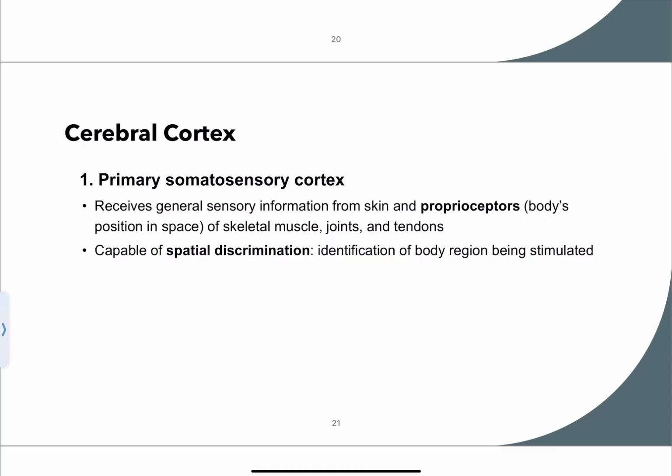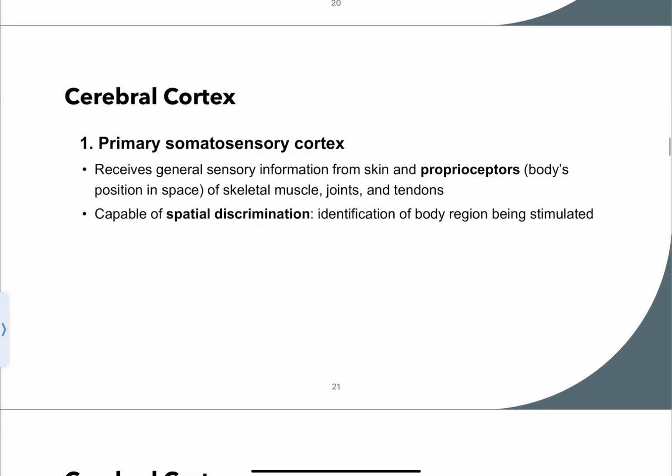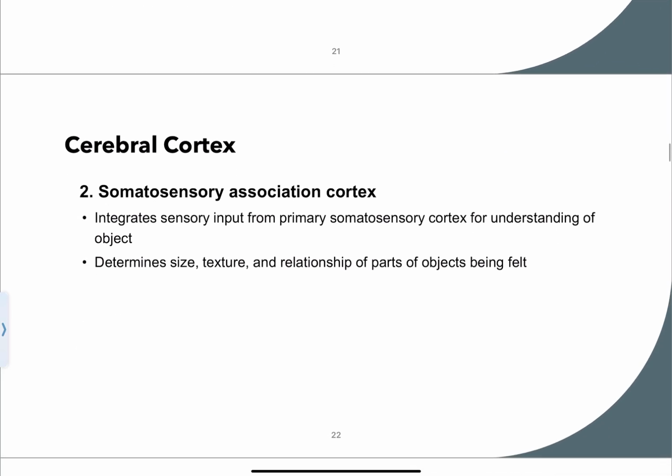So it's getting information from 2 different sensors: skin receptors and proprioceptors. And the neurons in this area are capable of spatial discrimination, meaning that they're able to tell which region of our body is actually being stimulated, not just that we're getting this sensory information coming in.